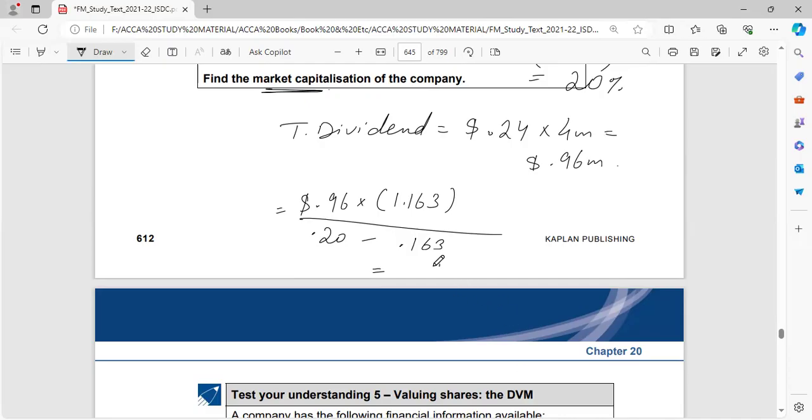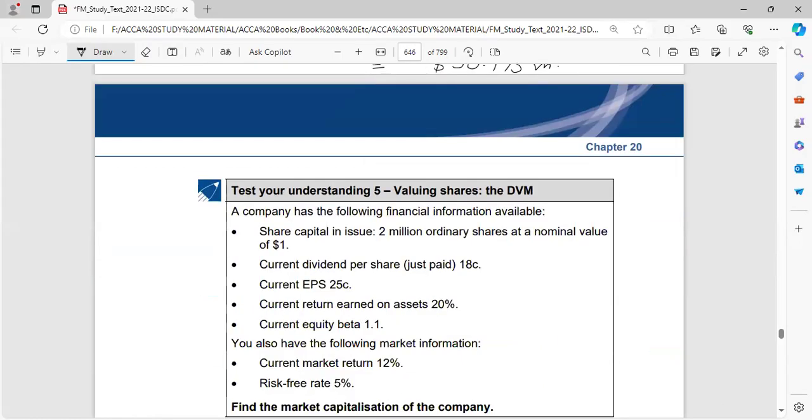It is, I think, 30 million. 30.175 million. Okay, so this is the right answer.